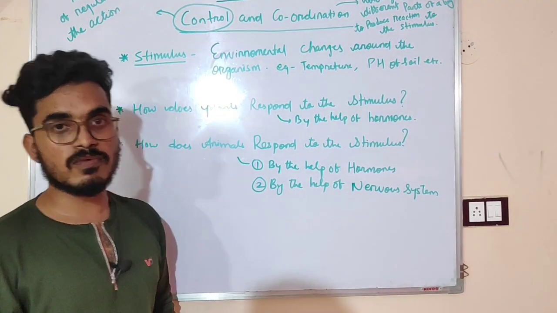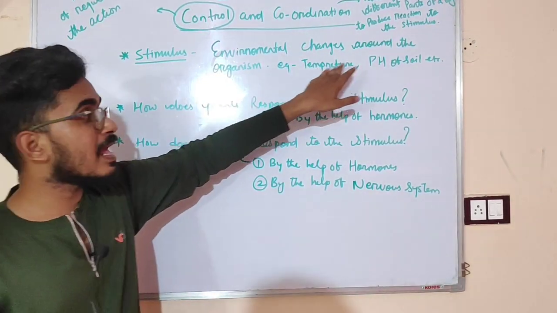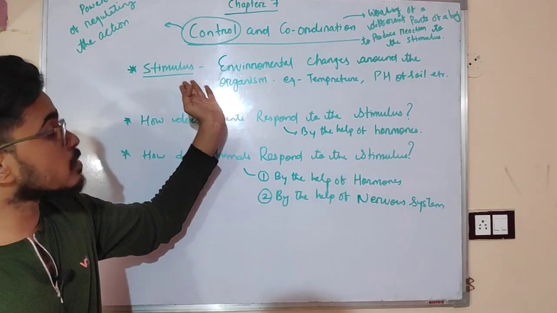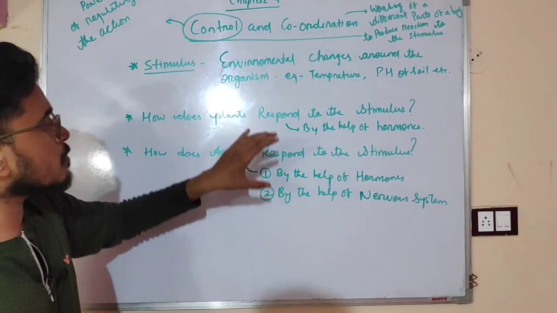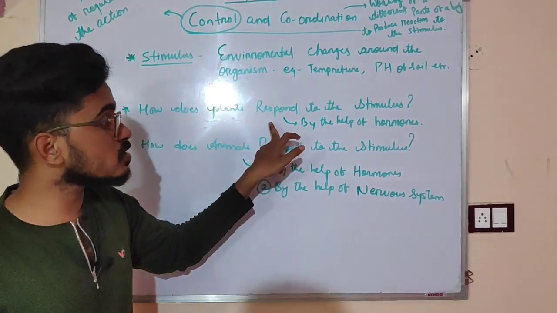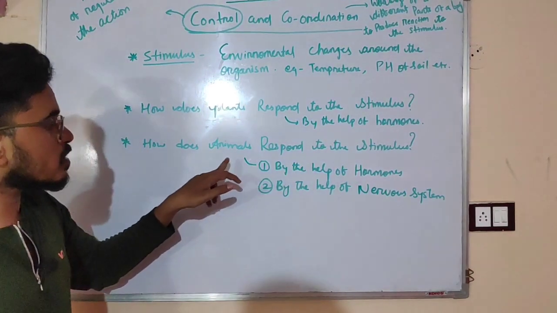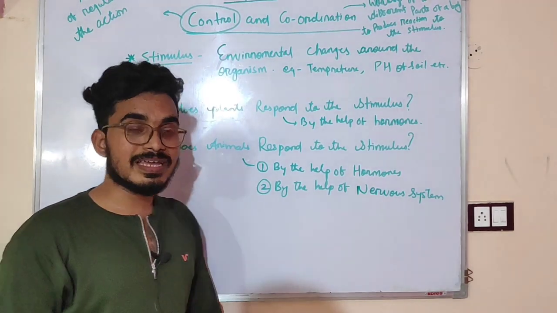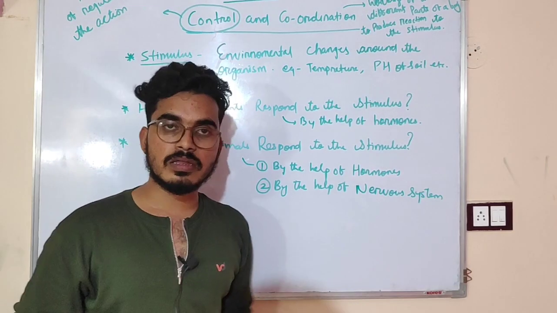Temperature is an example of a stimulus, as well as a change in the pH of soil for plants. Next, we understood that plants respond to the stimulus with the help of hormones. Then we understood that animals respond in two ways: with the help of hormones and with the help of the nervous system.